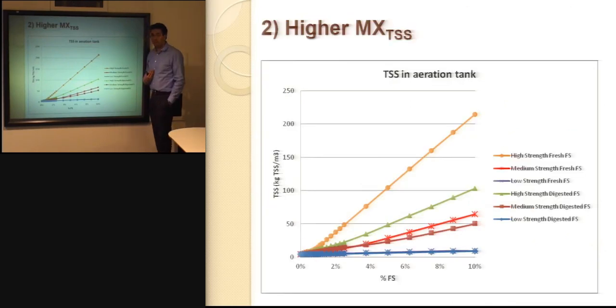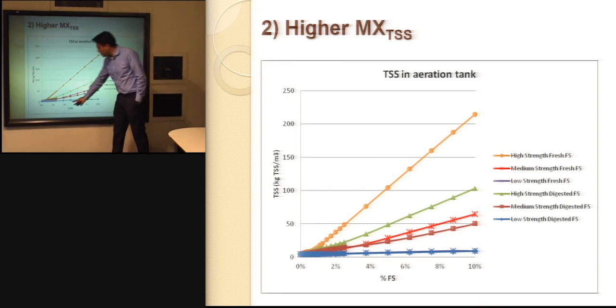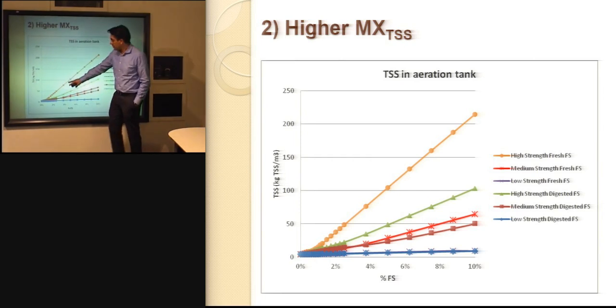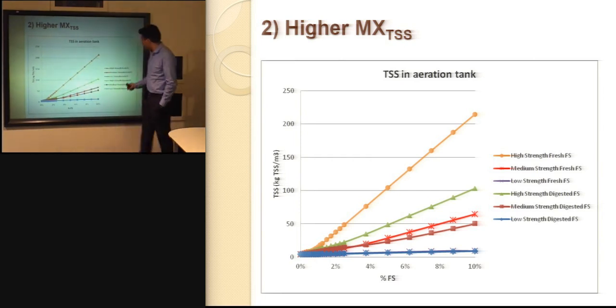If we now estimate the concentration of total suspended solids based on the addition of the fecal sludge as a percentage of the volume of wastewater treated in the plant, we plotted it as a function of whether the sludge is fecal sludge, fresh or digested, of high, medium, or low strength.